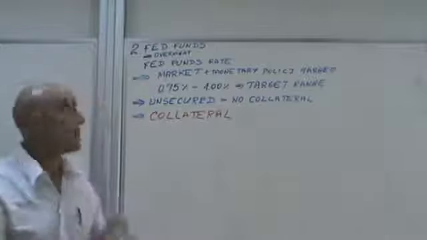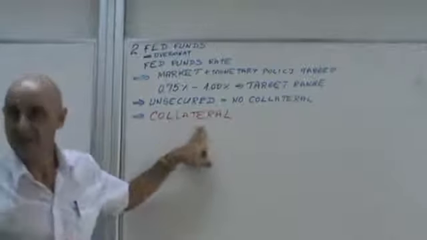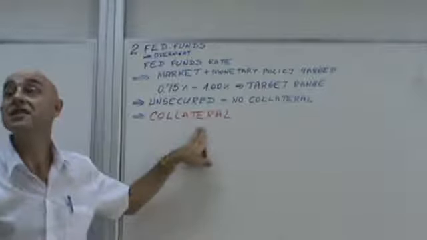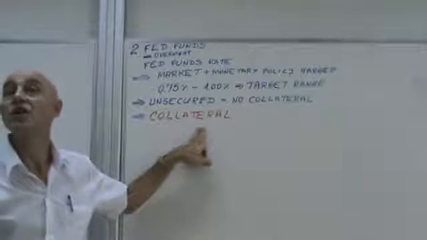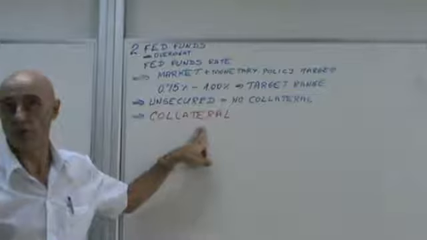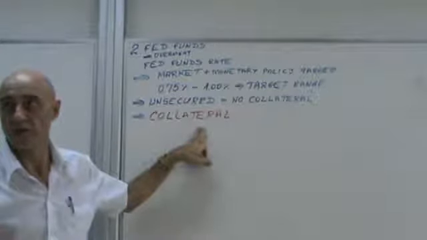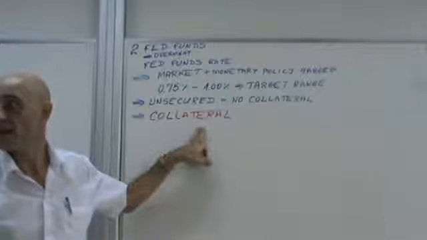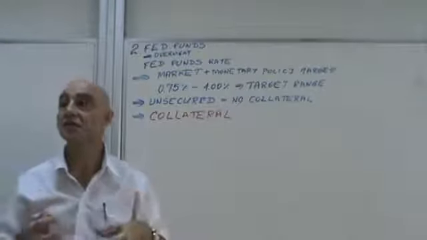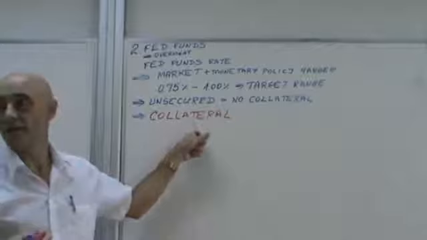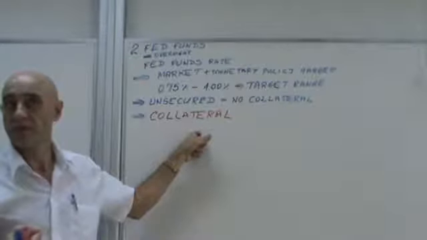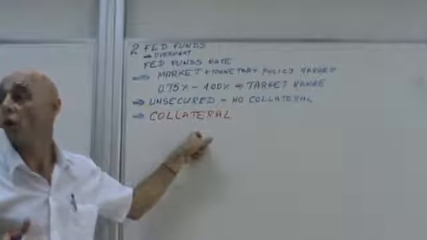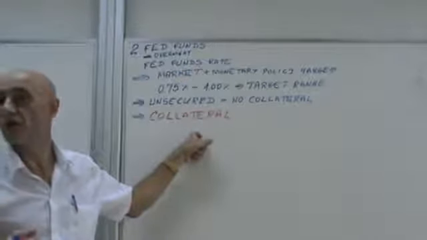Collateral is an asset given in security for a loan. If the loan is not paid back, the lender keeps the collateral. So the collateral is an asset given in or as a security for a loan.